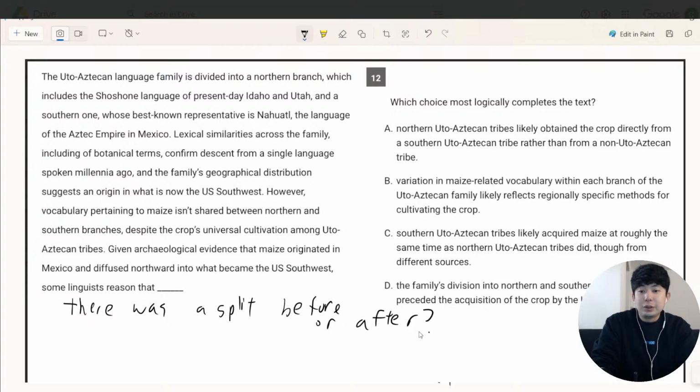Okay. So that's the question. When do they split? So for example, if... I don't think it's, I mean, I know it's not C. Okay. Yeah.